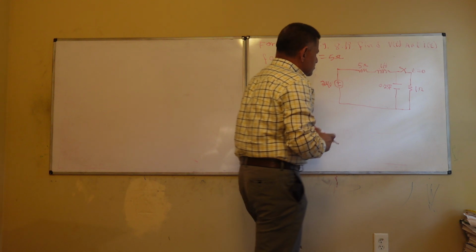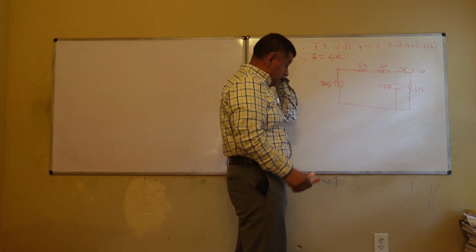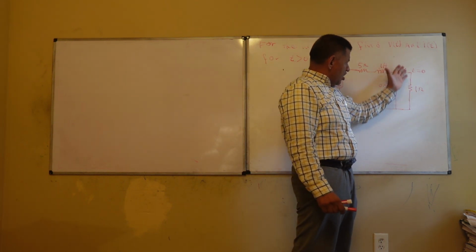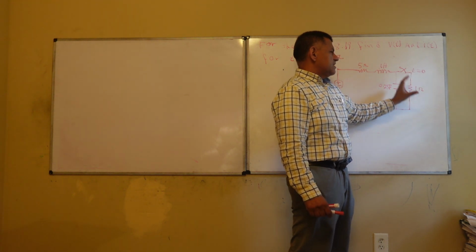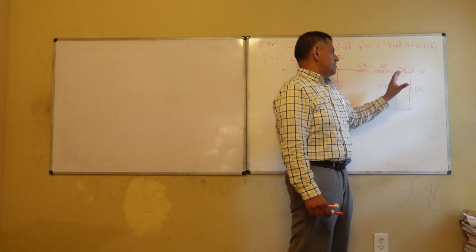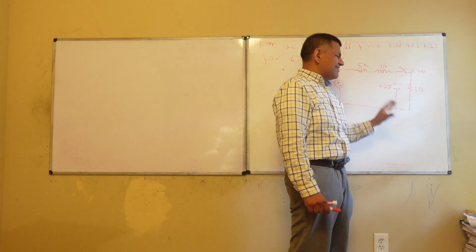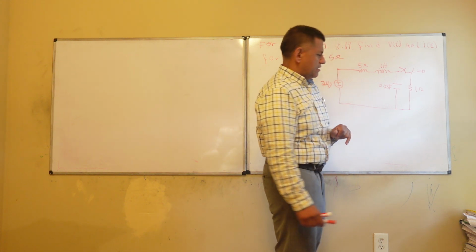At t equal to 0, the circuit is still in what is called a steady state.